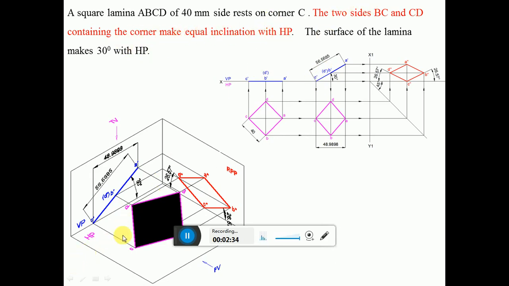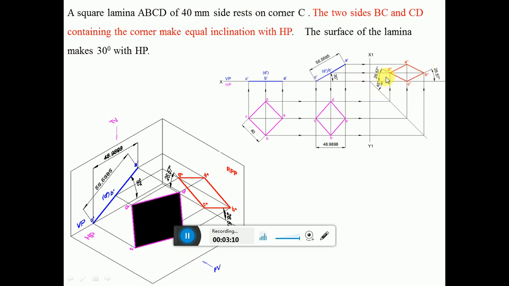When you look from this side, C dash will be on HP, and the sides B double dash C double dash and C double dash D double dash make equal inclination. That is, this side is 26.57 degrees, and this side will also have 26.57 degrees.